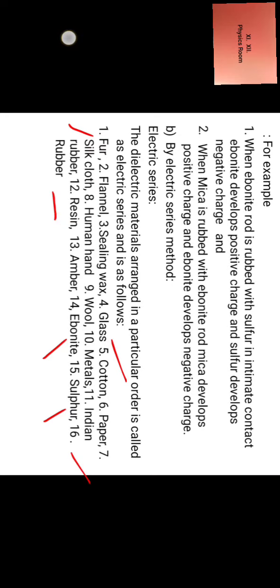Now, what is the method to establish negative charge and positive charge on different materials when rubbed with each other? Look at the electric series. We have given the serial numbers to materials from 1 to 16.